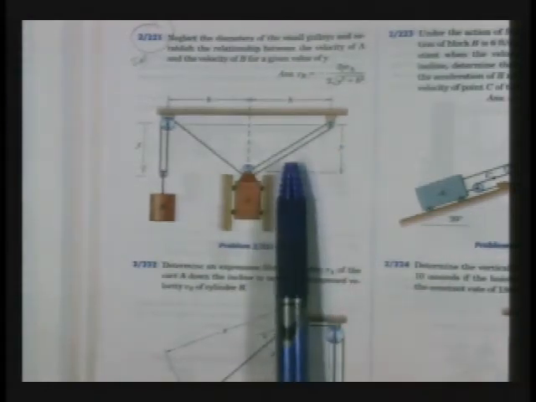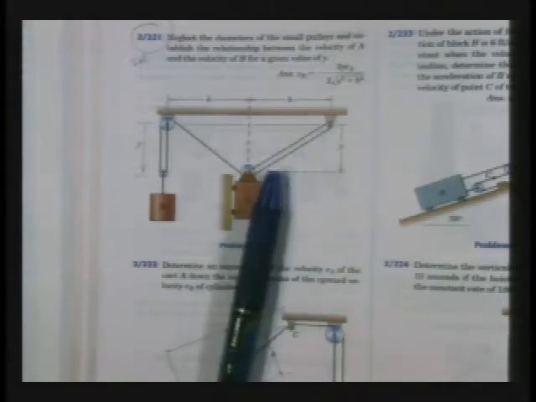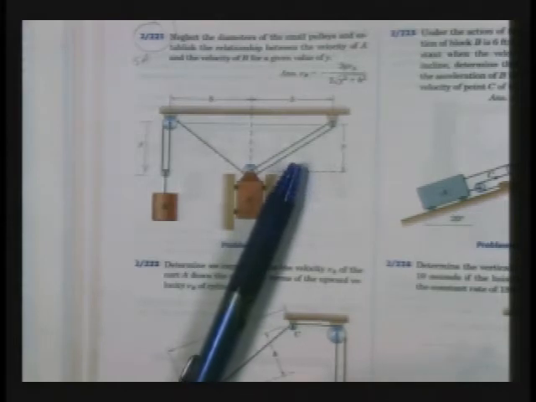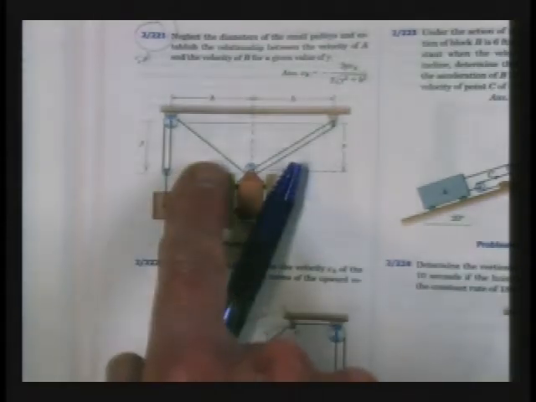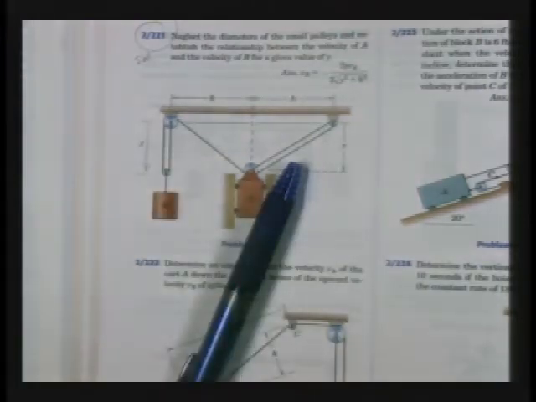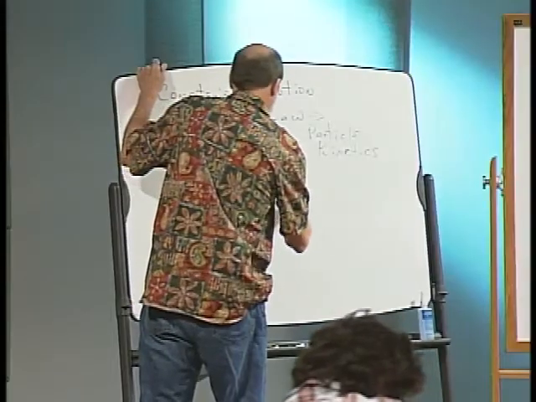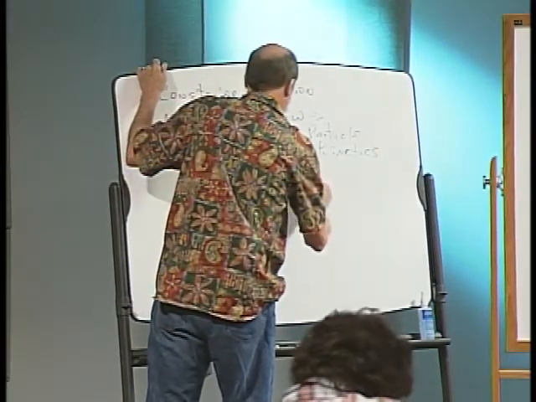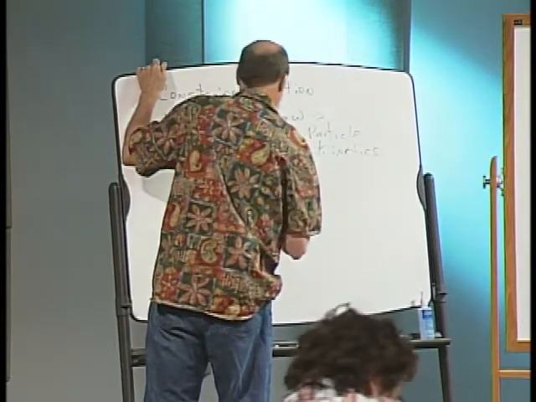Over on the right side here where I have the pen sitting, there's 2 of those, and then over on the left, there's one strand. So we end up with 3 strands of length square root of y squared plus b squared.